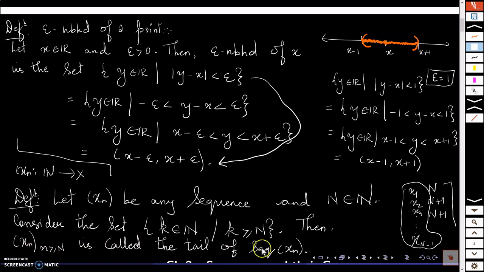So this is actually called the N tail of the sequence. Some books refer to this as the capital N tail of the sequence. Meaning you remove some particular elements from the sequence, and after that term you consider all the terms of the sequence after a certain stage. So that is called the tail of the sequence.